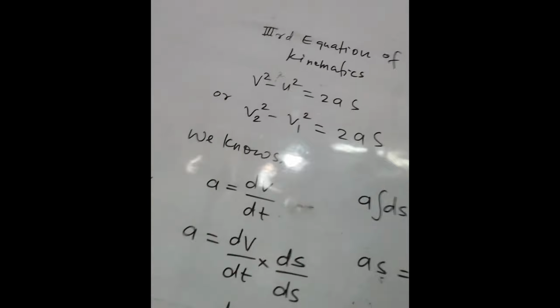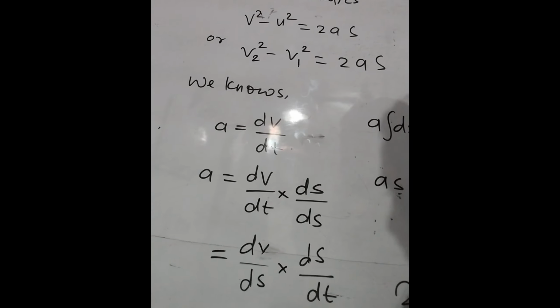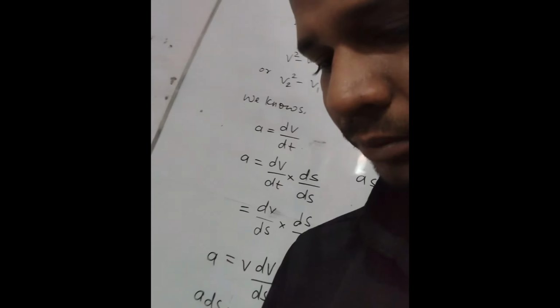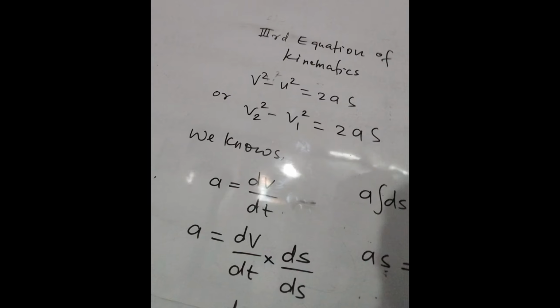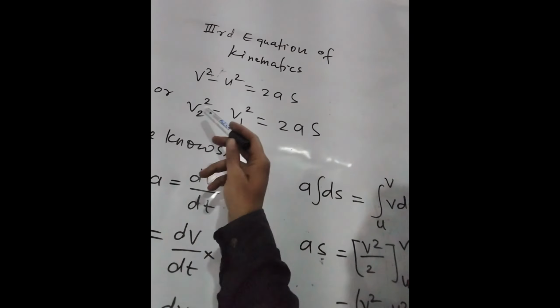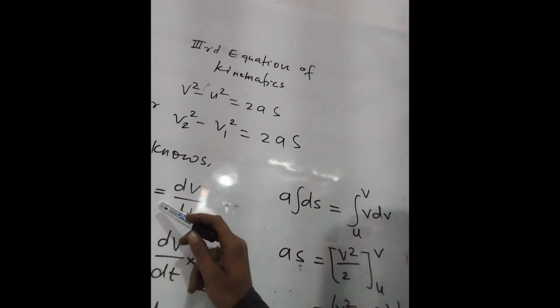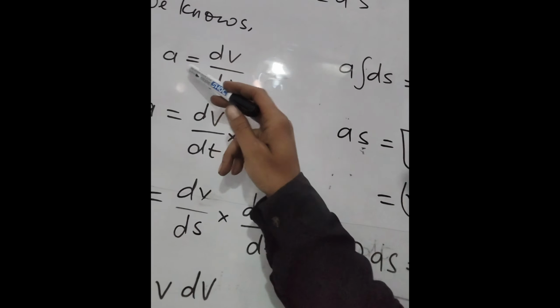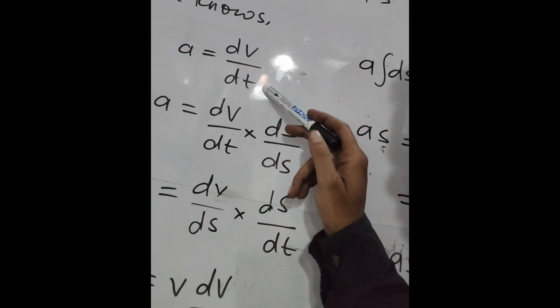Now let's explain the third equation to you. This is the third equation. For this, we recall the formula a equals dv by dt.